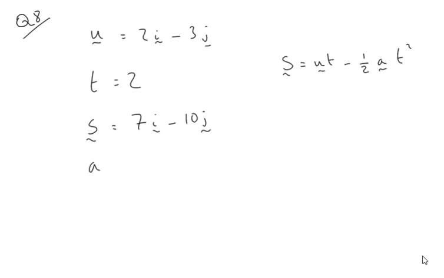So if I substitute in the values that I've got, I'll use column vectors. I think it's easier to see using columns. (7, -10) is equal to ut, which is 2 times (2, -3), plus minus a half at squared.